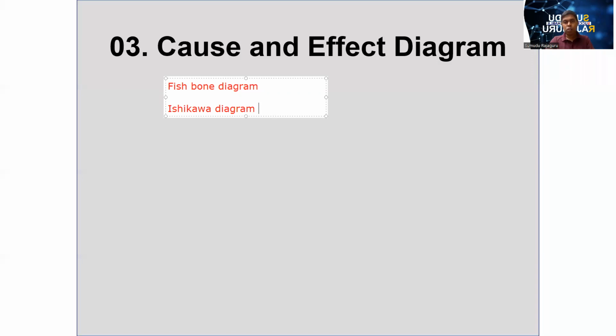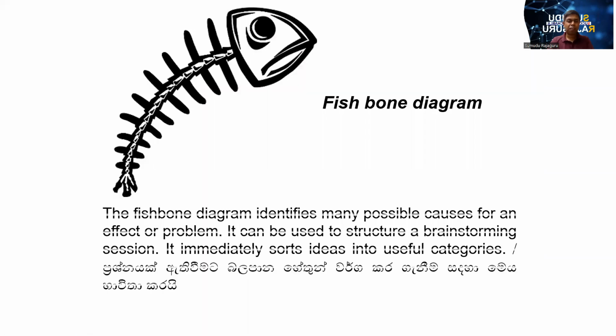Right. So what is the expectation from the cause and effect diagram? The fishbone diagram identifies many possible causes for an effect or problem. It can be used to structure a brainstorming session. It immediately sorts ideas into useful categories.